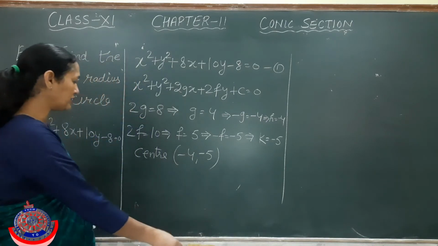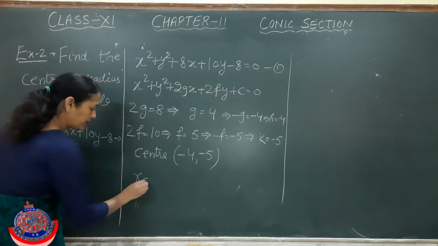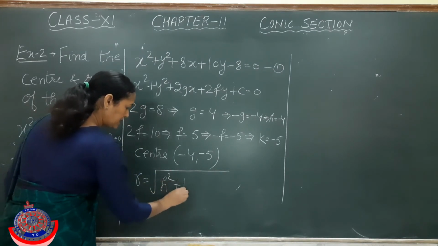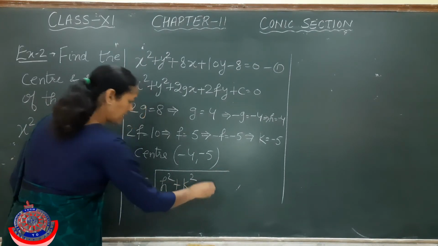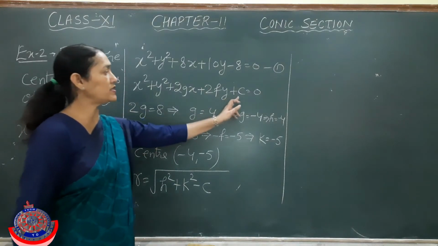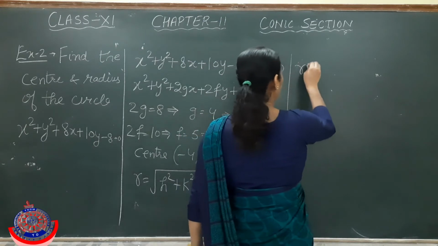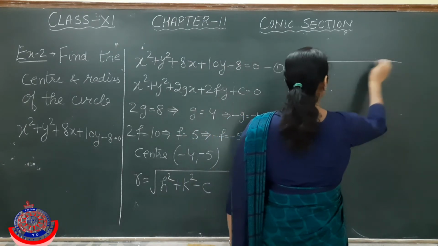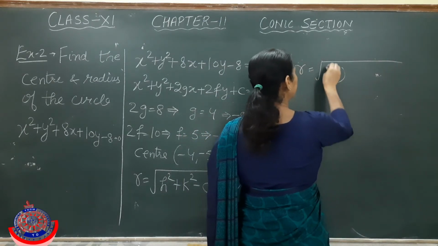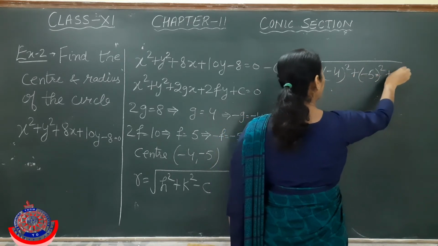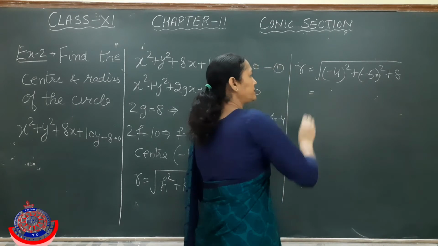Now we have to find radius. For radius we have learned this formula, square root of h square plus k square minus c. What is c? c is equal to minus 8. So radius will come out to be square root of (minus 4) square plus (minus 5) square plus 8.